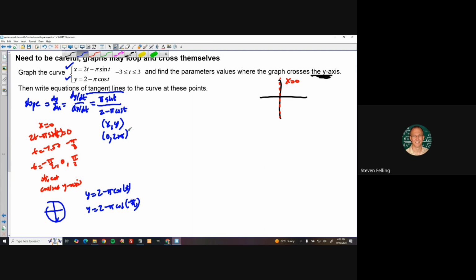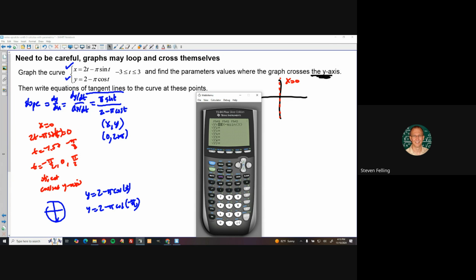Is that right? Let me actually just use, since we're using technology anyway, let's go ahead and enter the equation for y. So y would be 2 minus pi times the cosine of the variable.